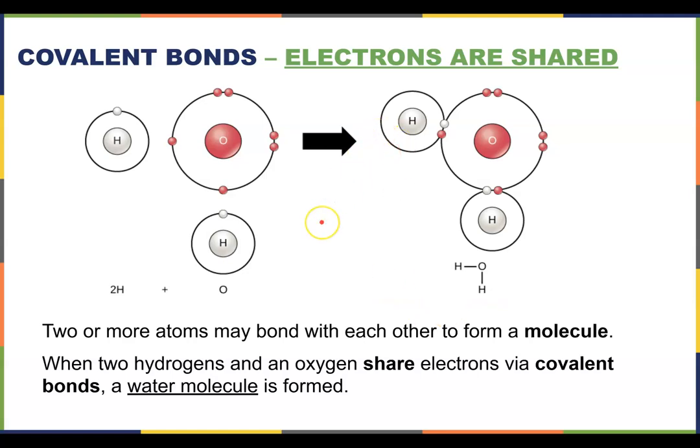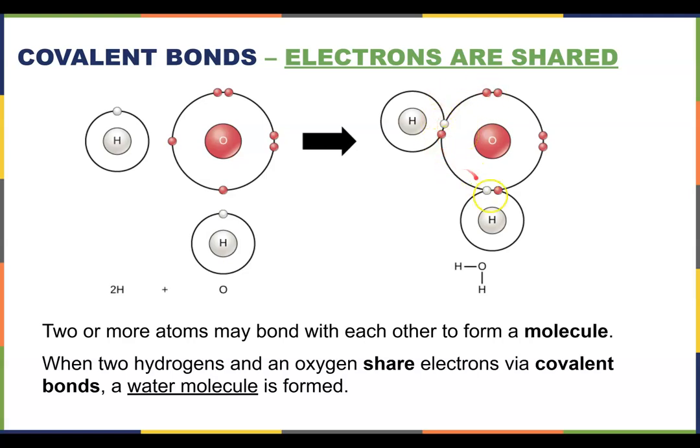Covalent bonds. During a chemical reaction, we're going to change where electrons are, correct? Covalent bonds are how we share electrons. Covalent bonds can be found in water molecules, for instance. A hydrogen atom and an oxygen atom are going to share a pair of electrons to reach that octet rule.